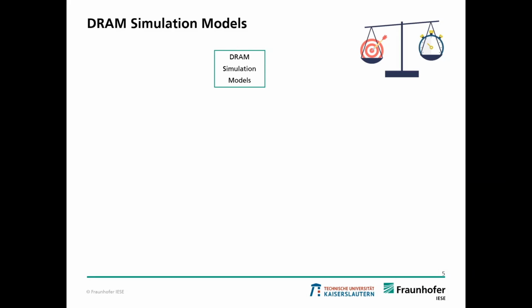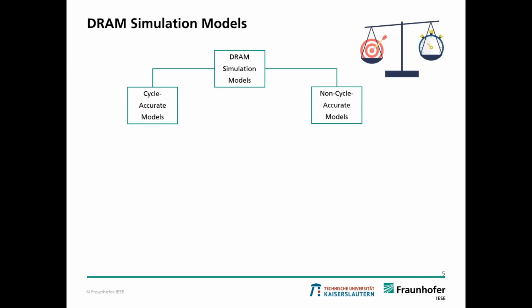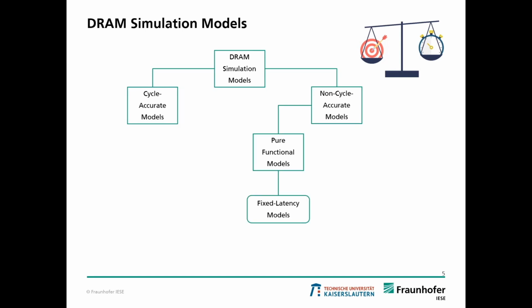Before we do that, I want to give a quick overview of the different kinds of DRAM simulators. We have cycle accurate models, which are the ones that we want to look at today, and we have non-cycle accurate models. For example, pure functional models with fixed latency: one DRAM access is 40 nanoseconds.